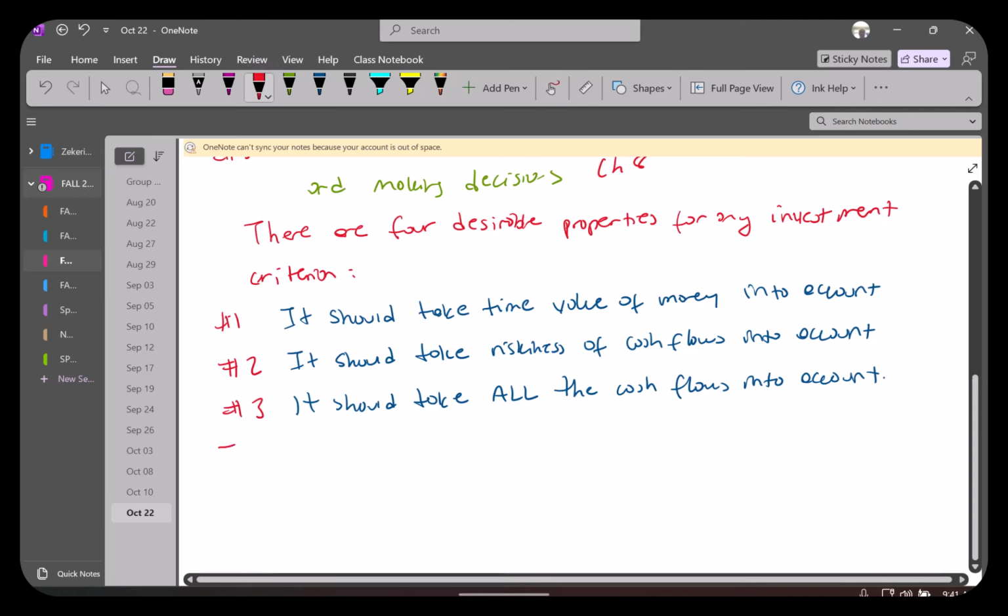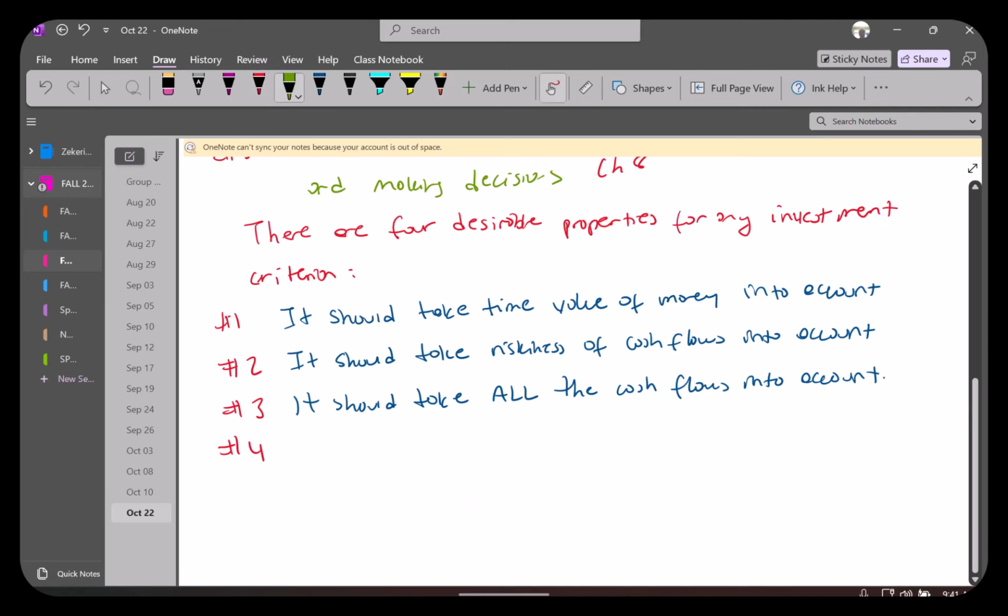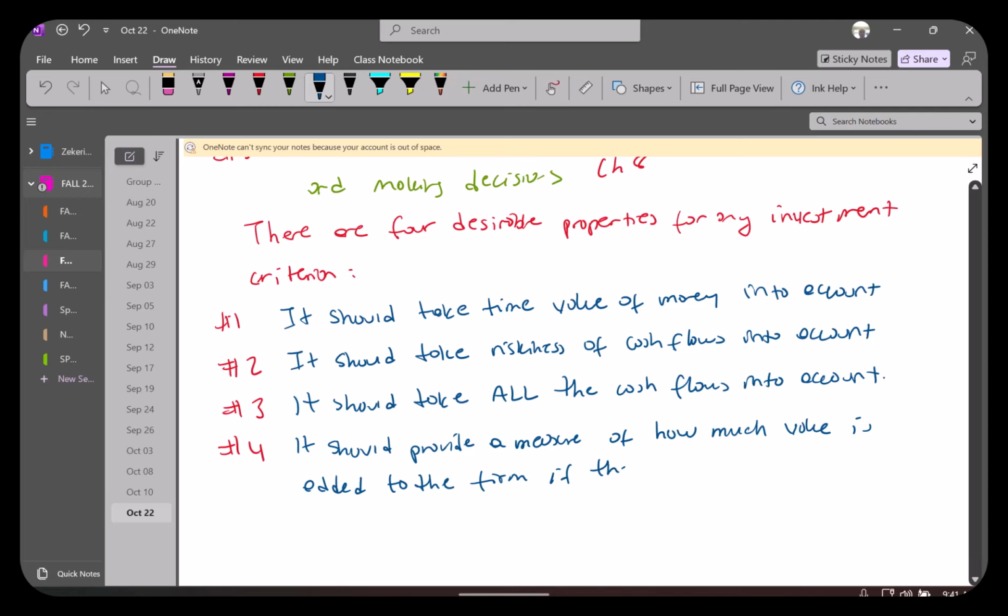Number 4, it should provide a measure of how much value is added to the firm if the project is accepted.